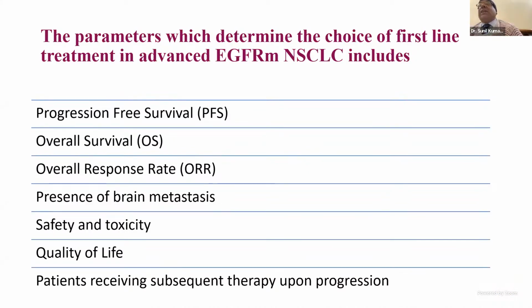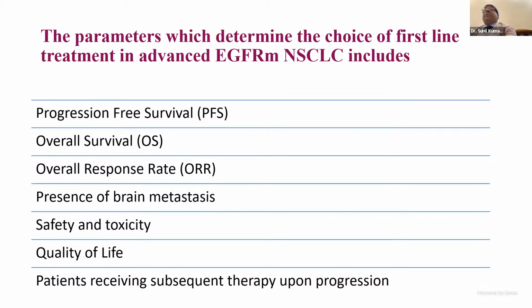Once we are talking about the biomarkers, as the previous doctor spoke about, we always have a choice. Choice in the sense of what drug we will select: first generation TKI, second generation TKI, third generation TKI, and why.